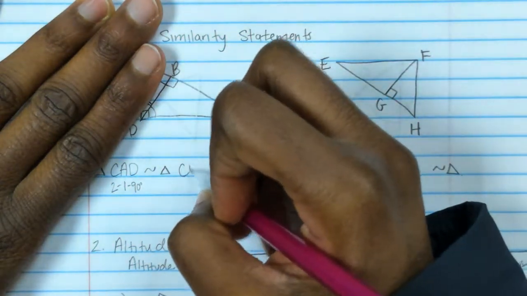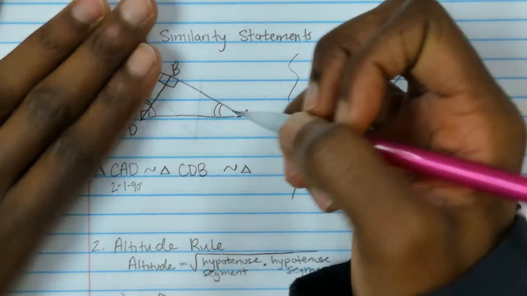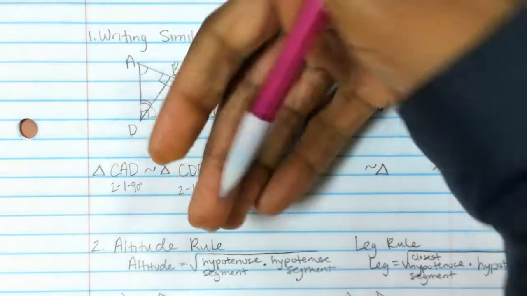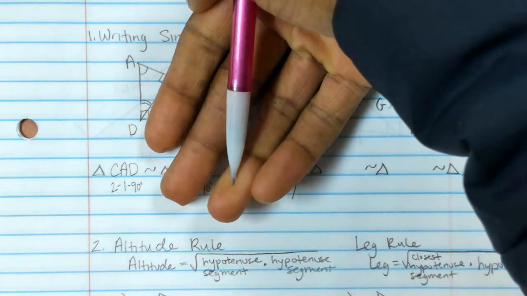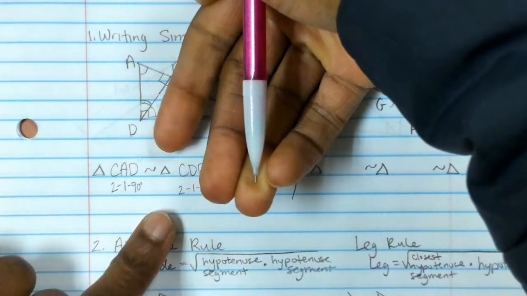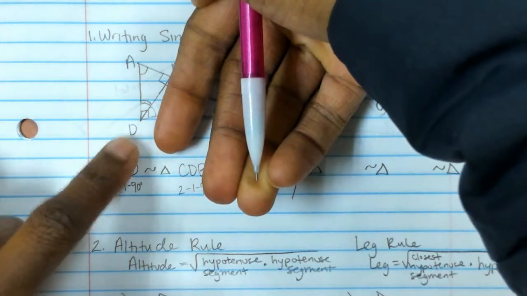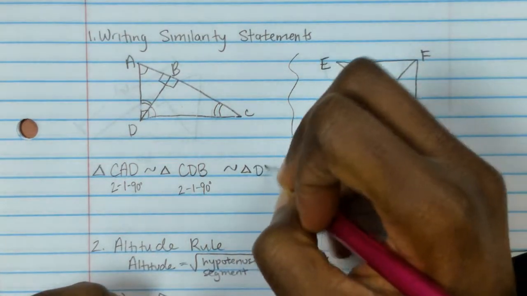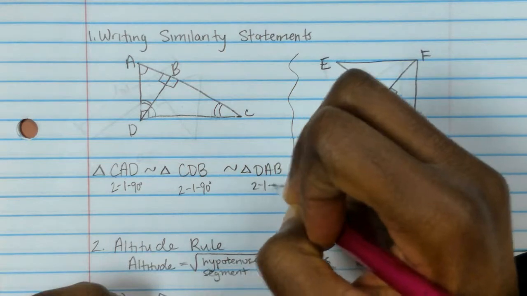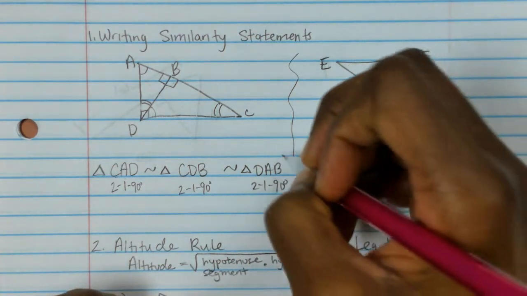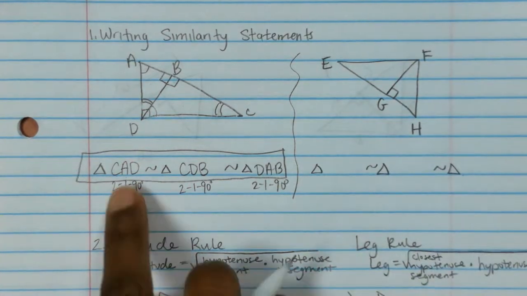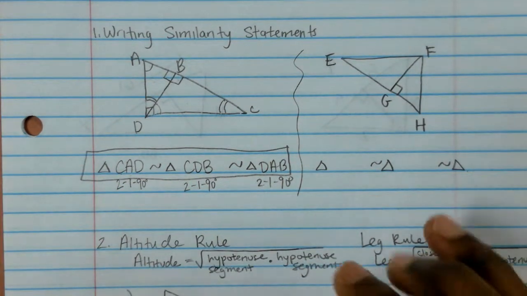So C, D, B. And that's 2 to the 1 to the 90 degrees. And then on the last one, same thing. I want to start with the 2 angle mark, go to the 1, end at the 90. So I want to start with D because that has 2 bends in it. Then go to A and end at B. D, A, B. Okay, so that is my similarity statement for this problem. Again, no wrong way to start. The other 2 just have to match.